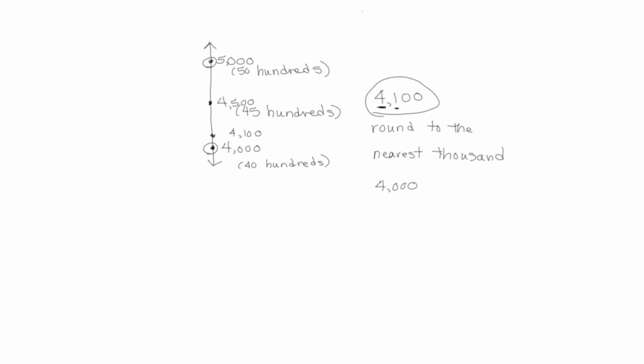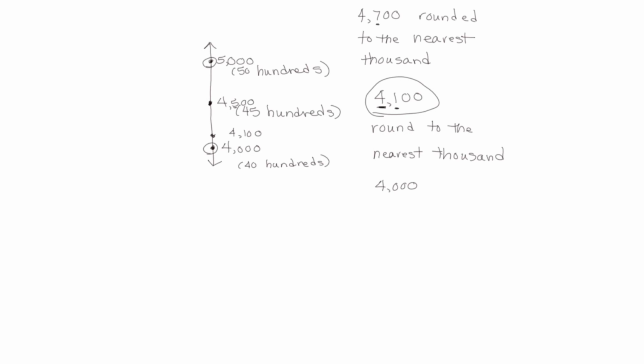Let's look also at the number 4,700 rounded to the nearest thousand. Now we see that 4,700 would be greater than our midpoint because it's 700s and this is 500s.